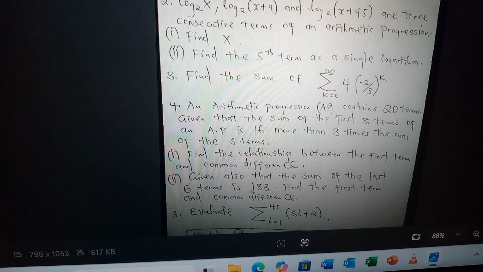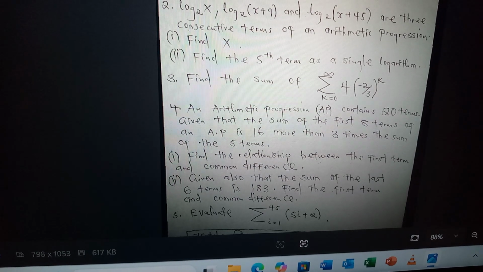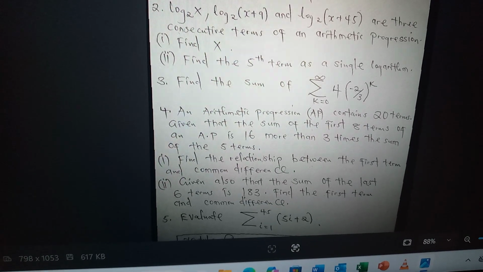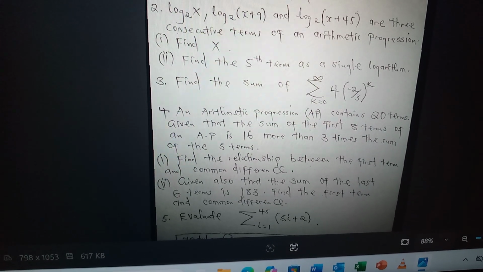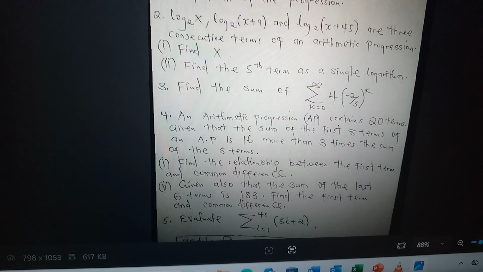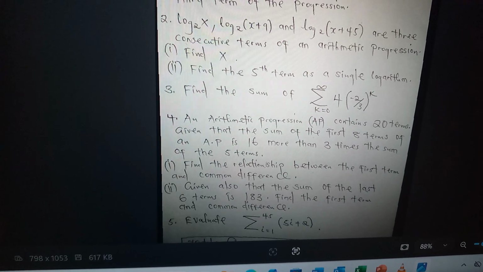So in question 4, they are saying an arithmetic progression contains 20 terms. Given also the sum of the last 6 terms, we are told to find the first term and the common difference.